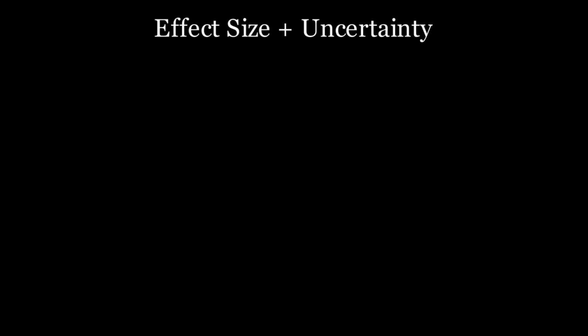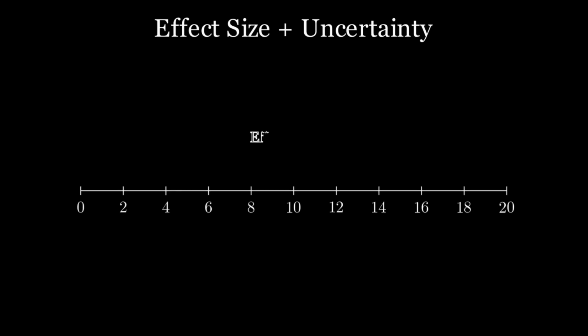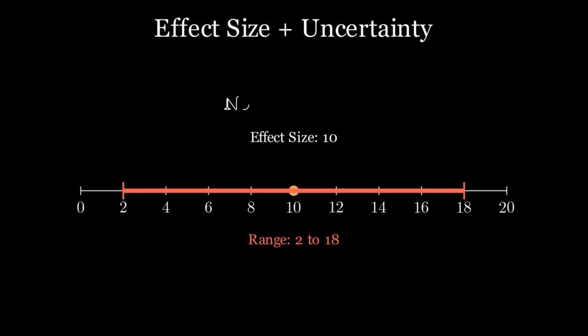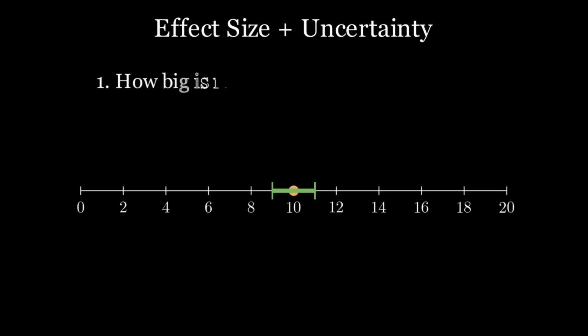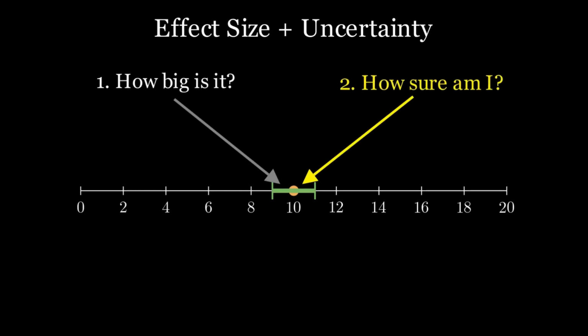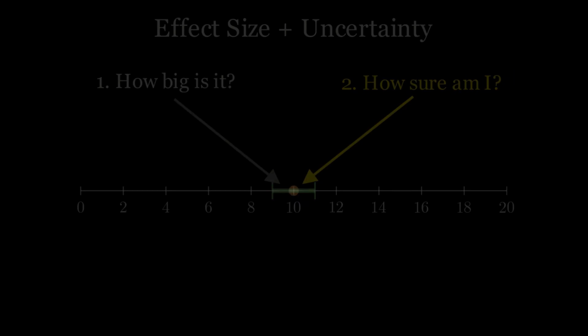One final layer that makes you think like a pro: uncertainty, because an effect size alone is not enough. Example: let's say your effect size is 10, but the range could be 2 to 18. That's a wide range, not very reliable. Now compare that to a range of 9 to 11. That is much tighter, much more confidence. So always think, how big is it and how sure am I?